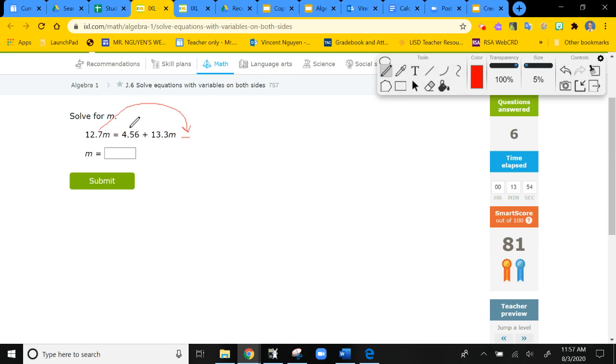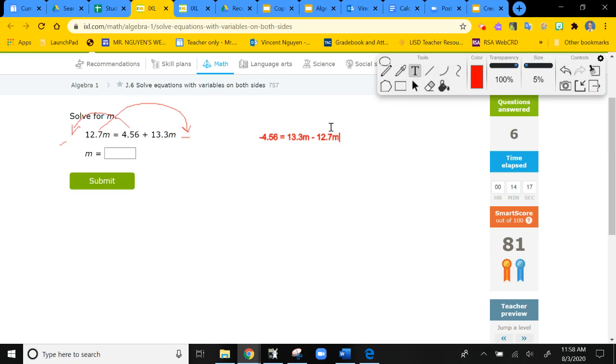And then I'm moving this over here, and that's also going to be subtracting because it's positive, right? So what I'm going to end up having is this equation, negative 4.56, because I'm moving that to the other side, so it's going to be subtracting. And then 13.3m minus 12.7m.